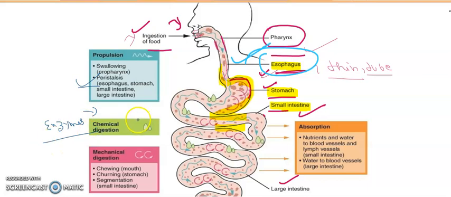For example, as we discussed, starch gets converted into maltose, and the salivary amylase enzyme helps in that. That is chemical digestion. Mechanical digestion simply means chewing of food, and then churning of the food which takes place in the stomach. These all constitute mechanical digestion. In mechanical digestion, there is no role of enzymes.